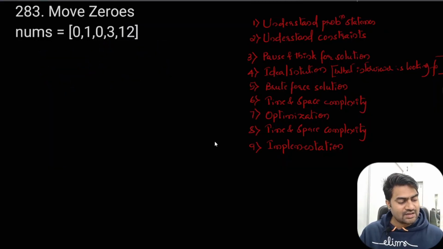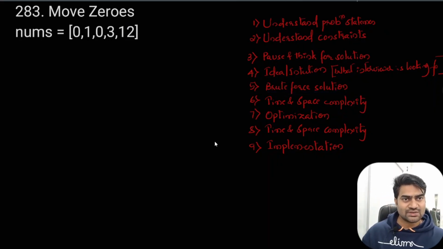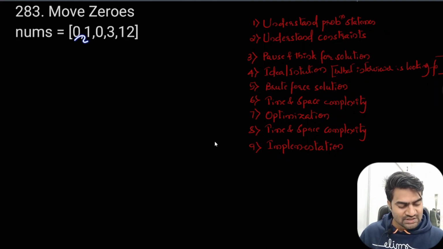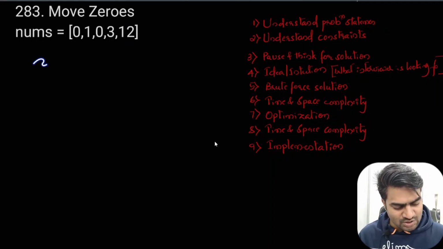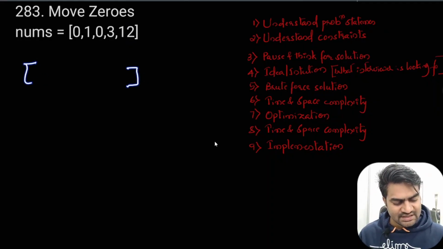So maybe we can start with our brute force solution. If you look at this array, and you want to move these zeros to the end, what is the extreme brute force way that you can think of? Leave aside the space complexity and all. I will take one more array of the same size, then iterate and check each number.